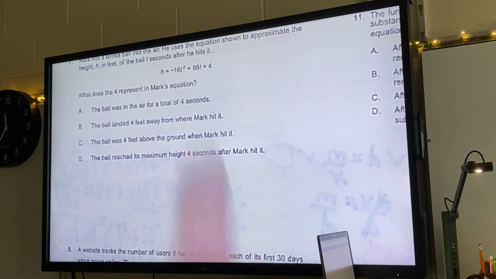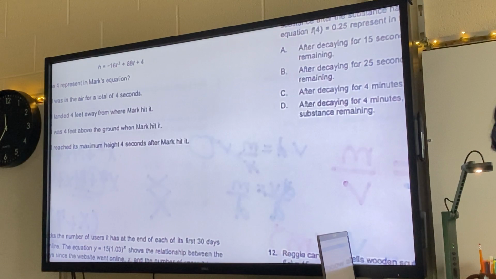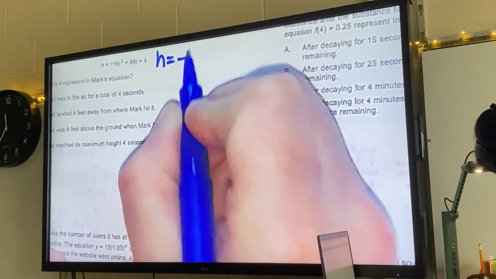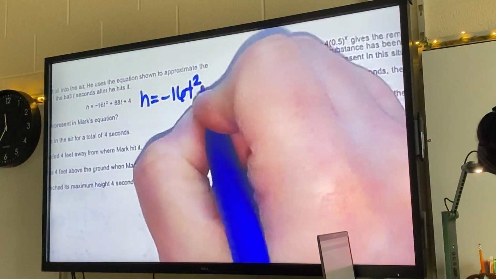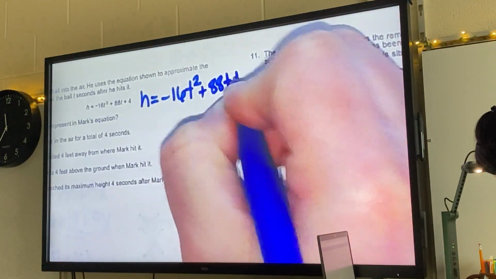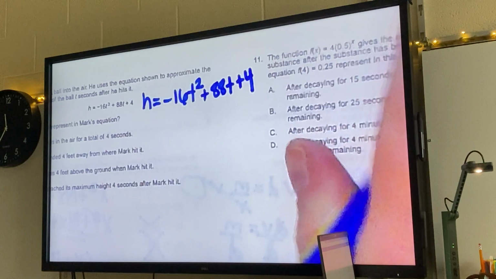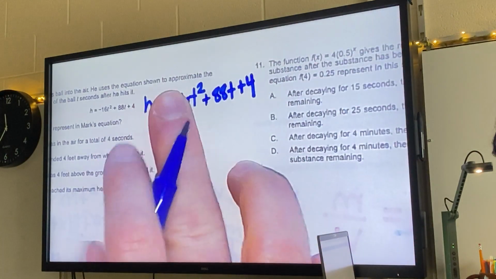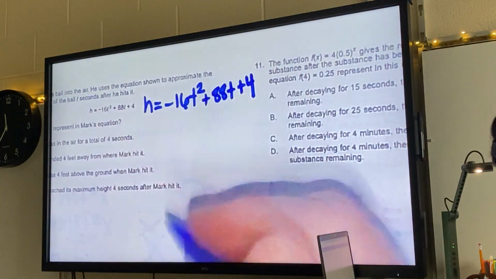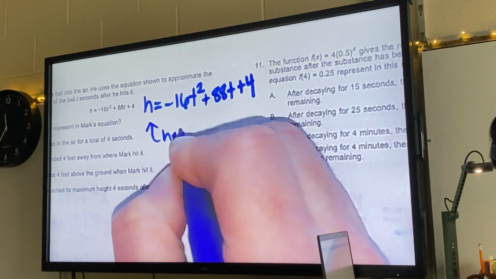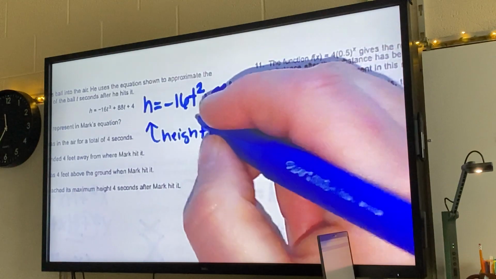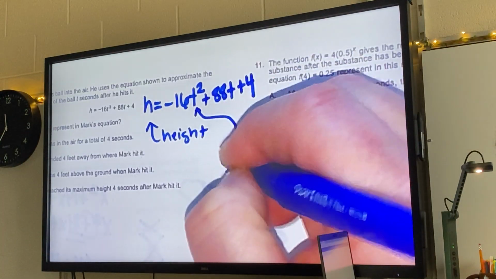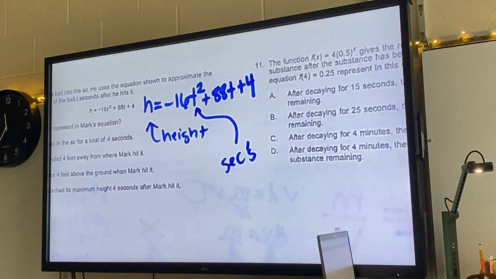He uses this equation, h equals negative 16t squared plus 88t plus 4, to approximate the height h in feet of the ball t seconds after he hits it.